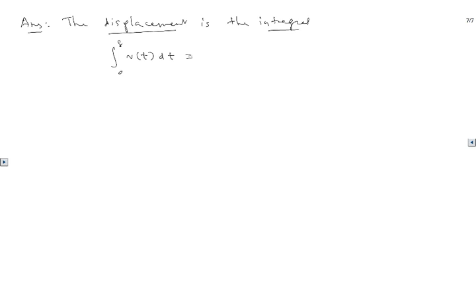If you integrate the velocity, you get the displacement. So it's from 0 to 8 of 160 minus 32t dt.